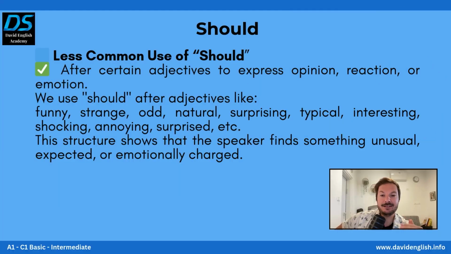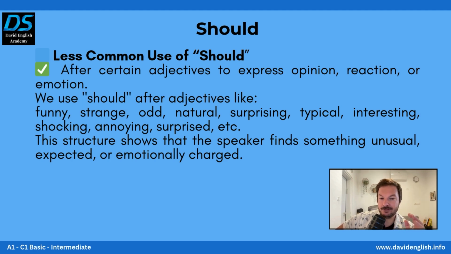And now we have the less common use of "should." After certain adjectives to express opinion, reaction, or emotion. We use "should" after adjectives like funny, strange, odd, natural, surprising, typical, interesting, shocking, annoying, and surprised.